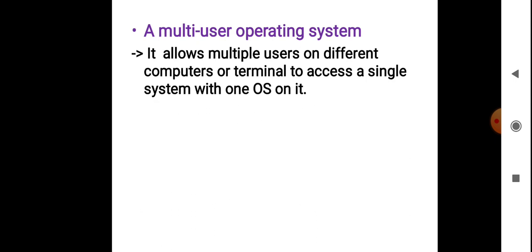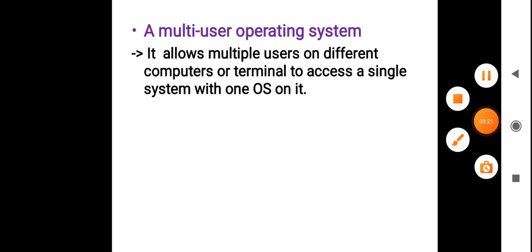Okay. So next is multi-user operating system. Multi-user operating system means it allows users to use different computer terminals to access a single system with one OS on it. So it will have only one OS, but two or more users can access the same computer.